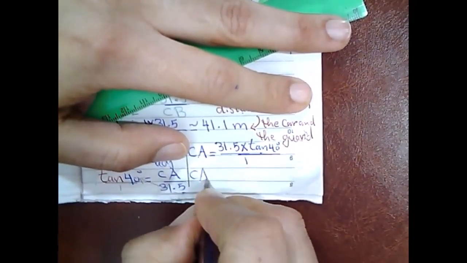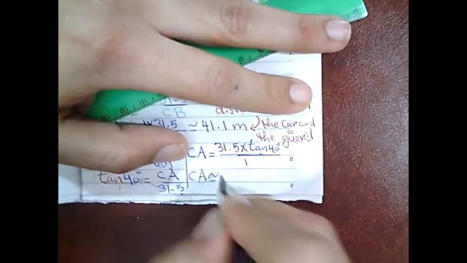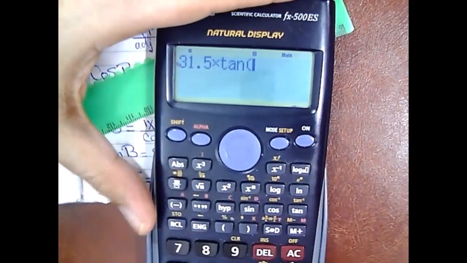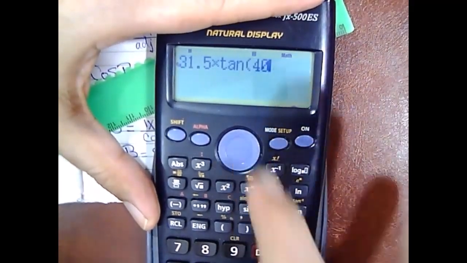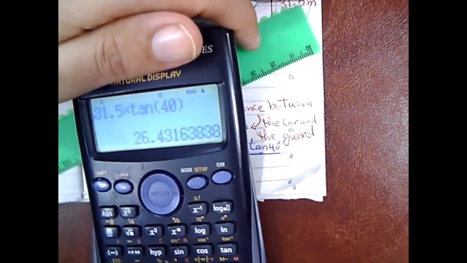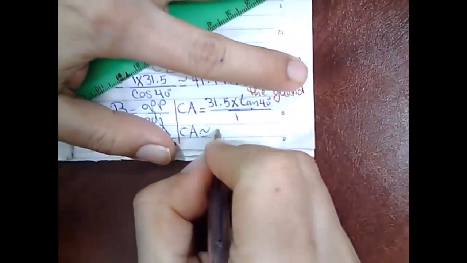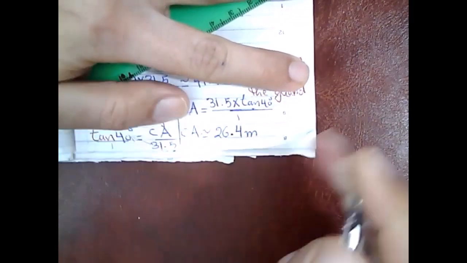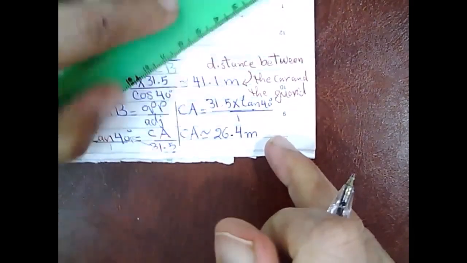So CA approximately will equal 31.5 times tan 40 divided by 1, of course the same thing. So it's approximately 26.4 meters. So this is the distance.